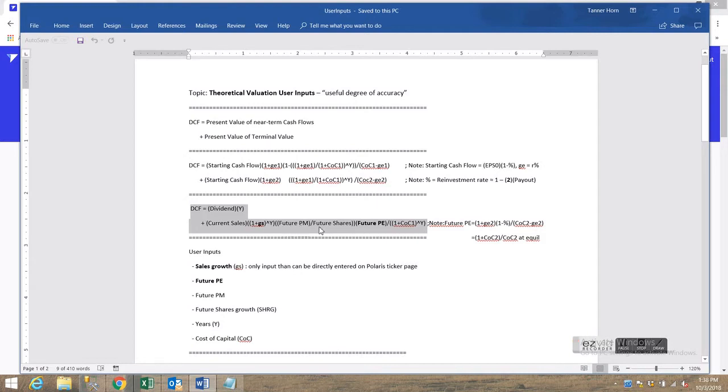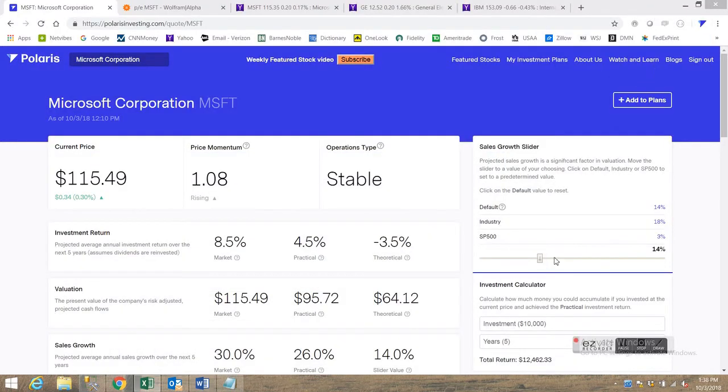Then the future profit margin and future shares; multiply all that together and you get earnings per share, then multiply by future PE, and then you discount it back at a cost of capital, add it to the first term here, which is just the dividend stream, and you get an intrinsic value. So let's look at the two most dominant factors. First off is the sales growth, and the other one is the future PE.